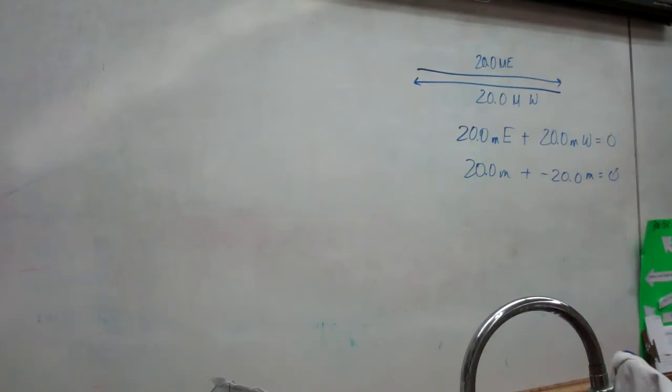When we multiply or divide a vector by a scalar, so what's a scalar? Something that has no what? No direction. Only got magnitude. Let's use our 20 meters east here.